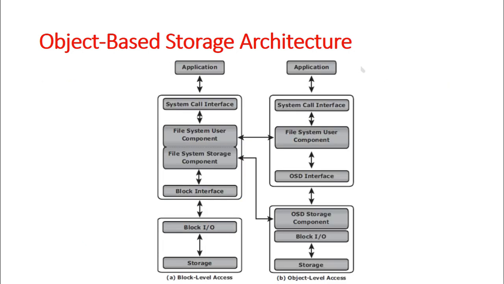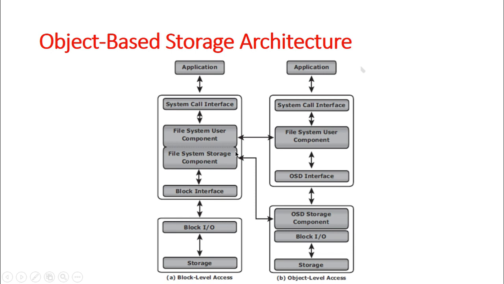That is shown in this diagram here. The file system, as we can see, has two components: a user component as well as a storage component. The user component of the file system performs functions such as hierarchy management, naming and user access control, which is shown in this diagram.